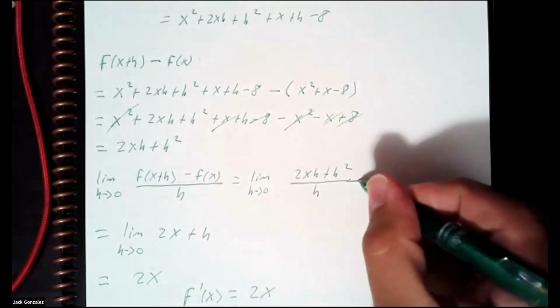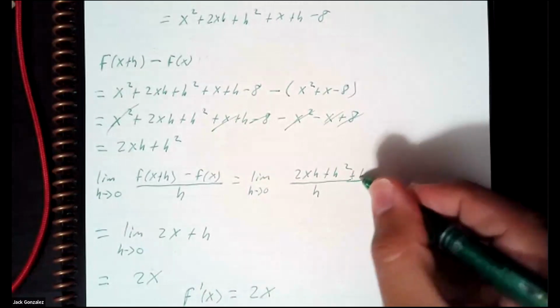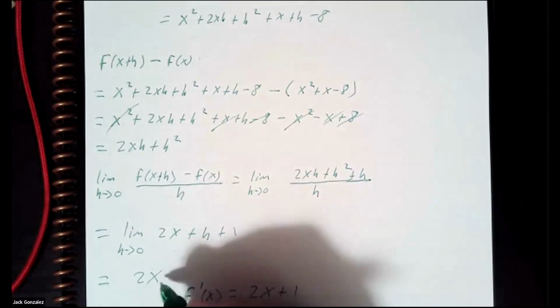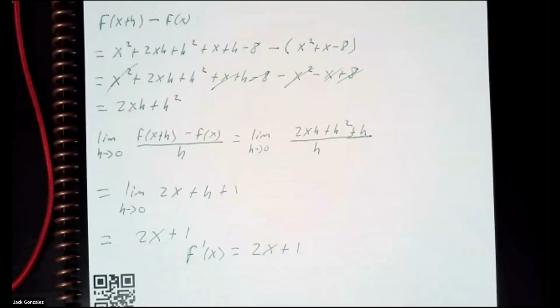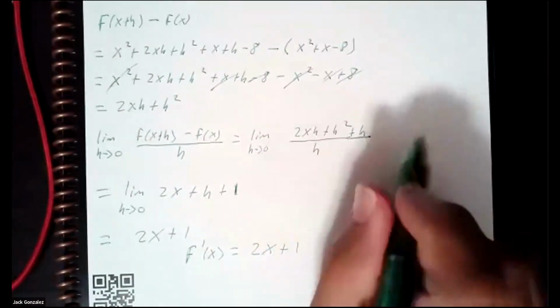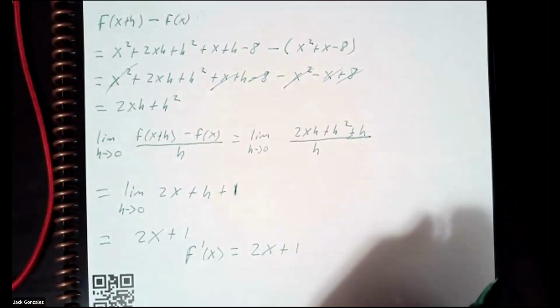So there should be one more h right there. There we go. It should be 2x plus 1. Any questions on any of the steps?